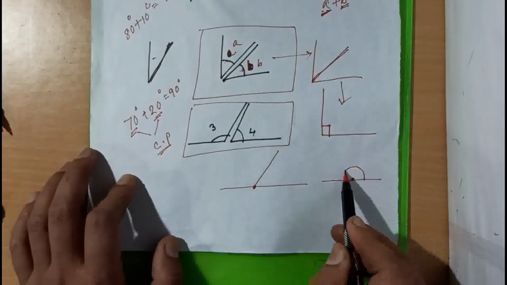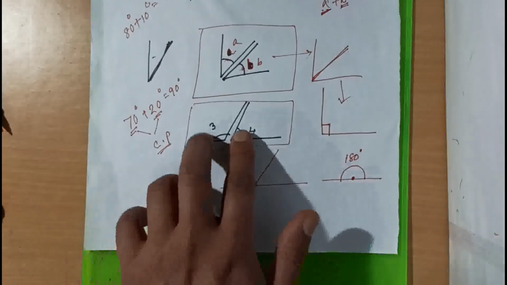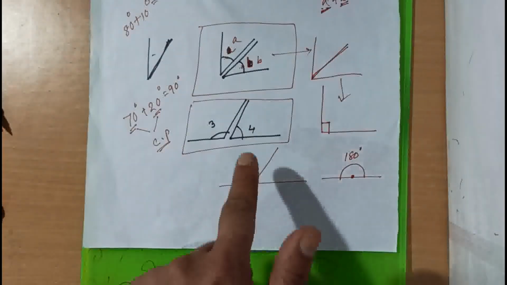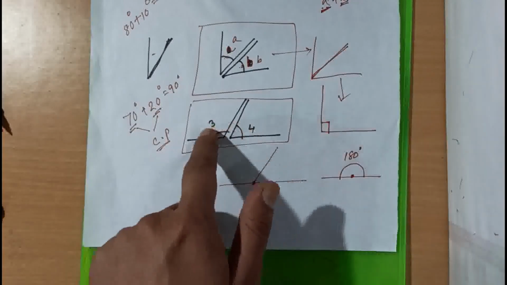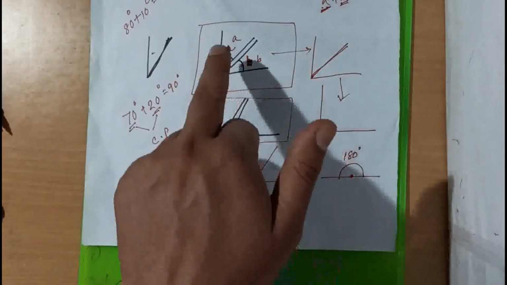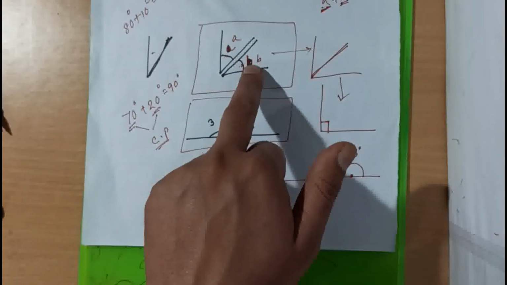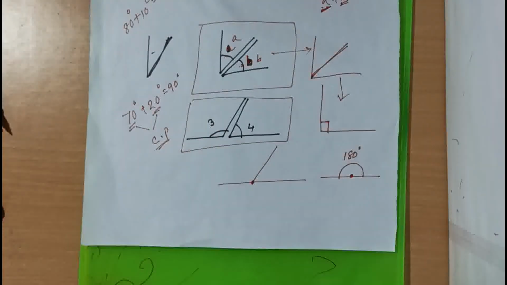That means it is a 180 degree angle. So when you combine these two angles, this will give you 180 degrees. That is why these two are called a supplementary pair. Now A and B are a complementary pair. 3 and 4 are a supplementary pair.